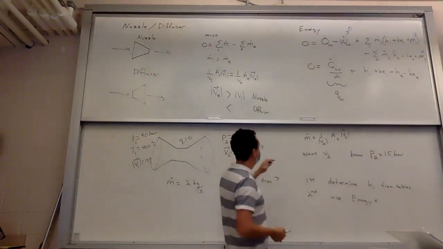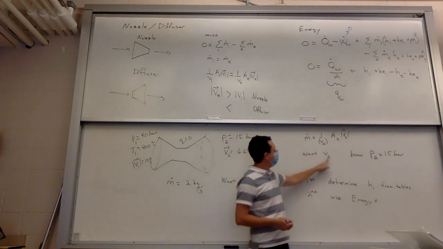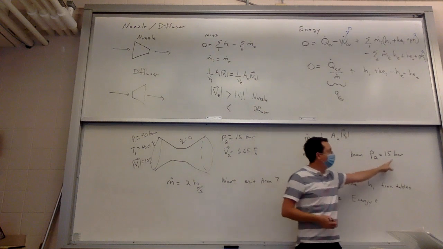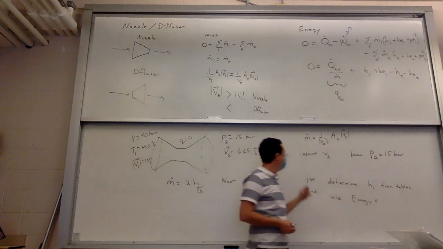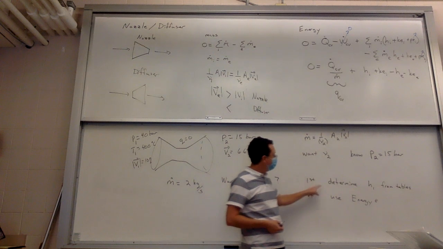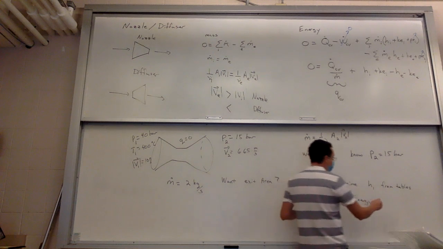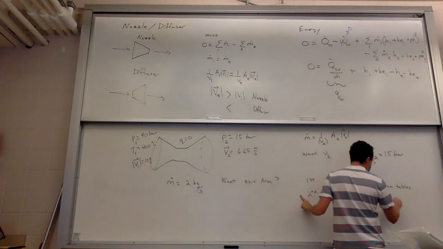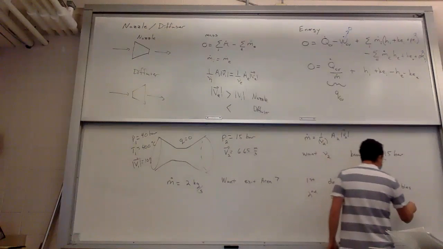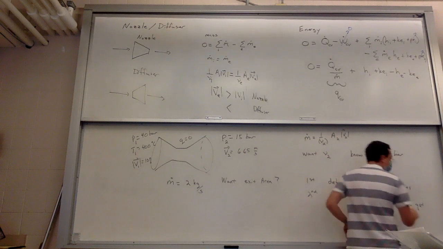Sorry, guys. Let me recap because I stopped recording for a second. We want the specific volume at state 2 so that we can get the area at state 2. We only know one state variable. So the way we're going to work it is we're going to first figure out the enthalpy for state 1 and then use the energy equation to get enthalpy at state 2.